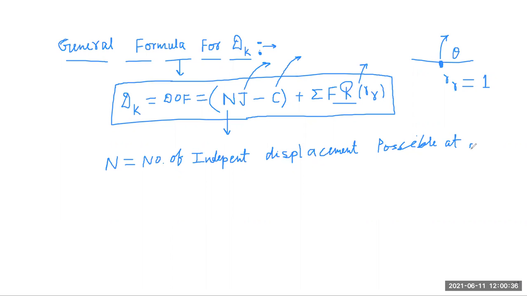This is the meaning of n. J is number of joint.